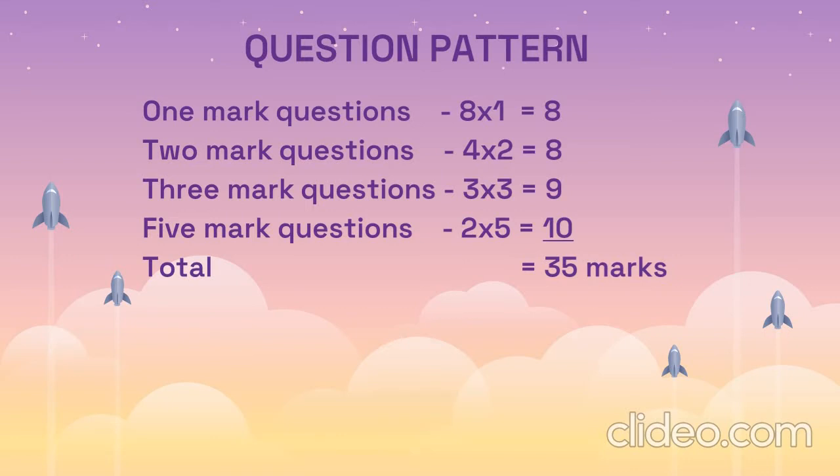Among this, you will get 8 one-word questions carrying 8 marks, 4 two-mark questions carrying 8 marks, 3 mark questions going to 9 marks, and 2 five-mark questions, which gets 10 marks. So overall, it will be 35 marks. Hope you understood your new pattern of questions as well as the mark allotment.